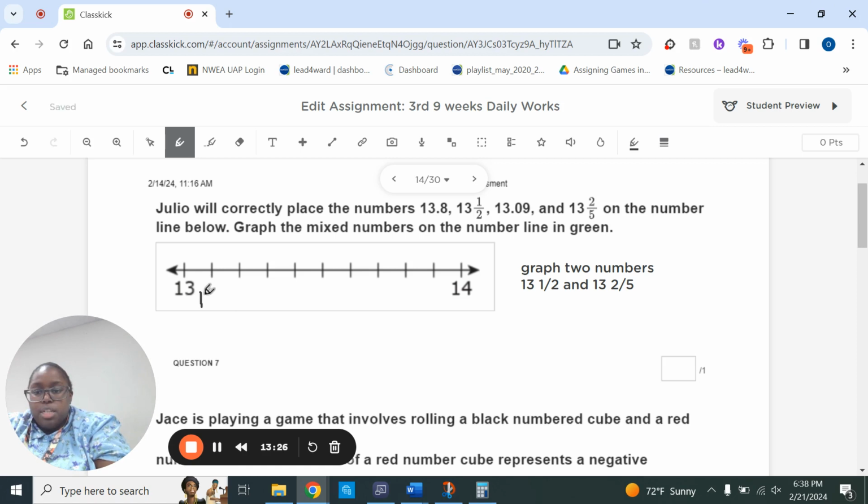So we have 13 1/10, 13 2/10. This is 3/10. I can't keep writing 13. It takes up too much space. 4/10, 6/10, 7/10, 8/10, 9/10.